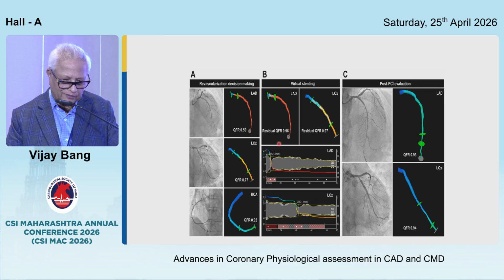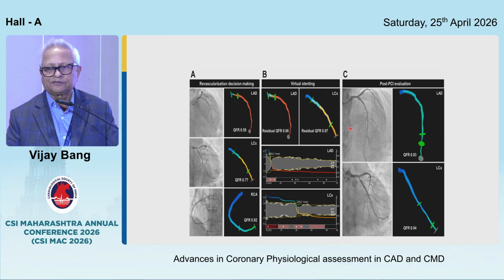So basically, we don't need to do anything for the RCA, and then virtual stenting. Virtual stenting was done in both the LAD and LCX, and the QFR result in both arteries suggests that the result is excellent.